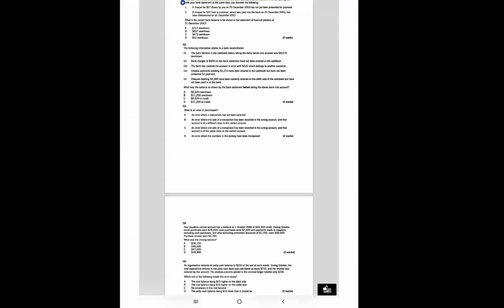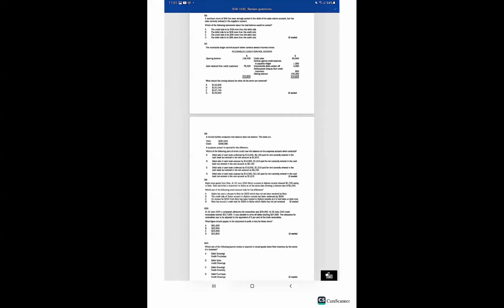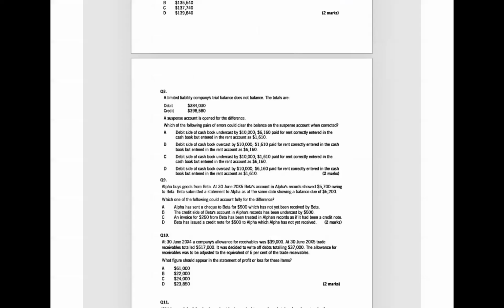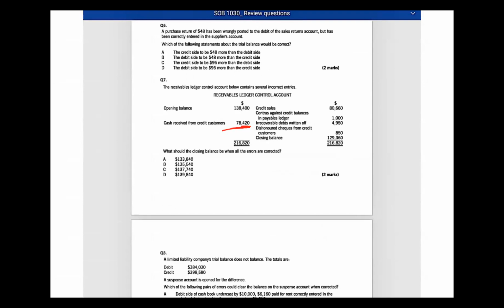On question number 7, right? We didn't record the cash received from the customers, did we? We didn't. This cash that was received from the customers, we didn't consider it. So sorry.